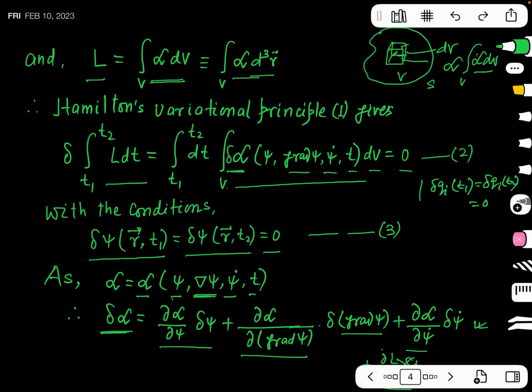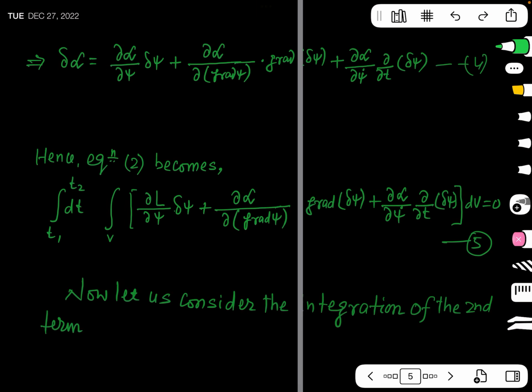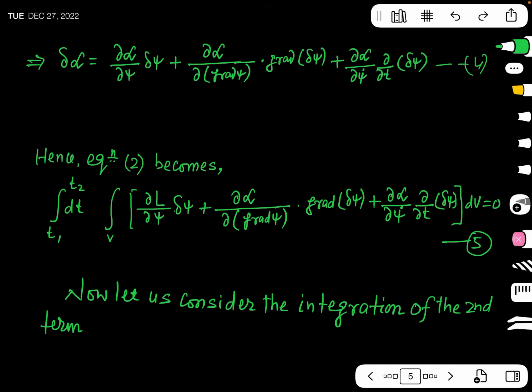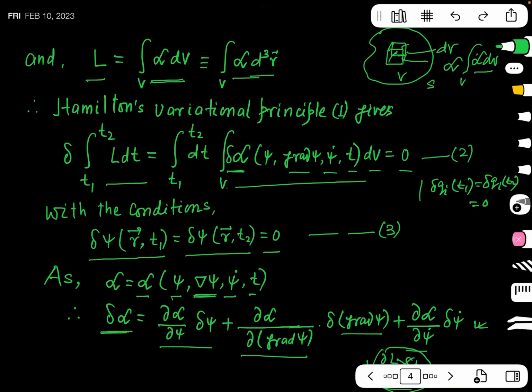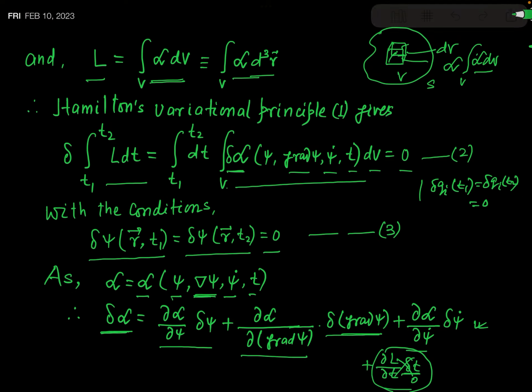Now after obtaining this value of delta L, we will make some modification in this expression. Here in the second term there is delta of grad psi. But you know that these two operators, the delta operator and the gradient operator, may be interchanged, because the interchange of these two operators is permitted.